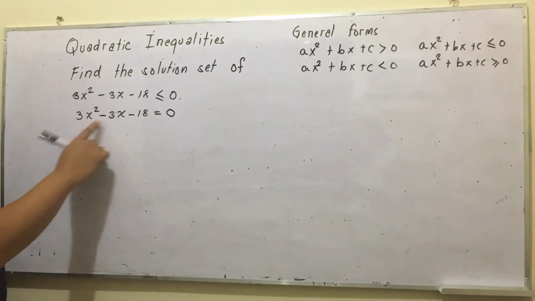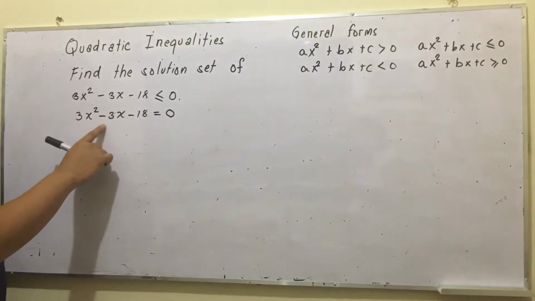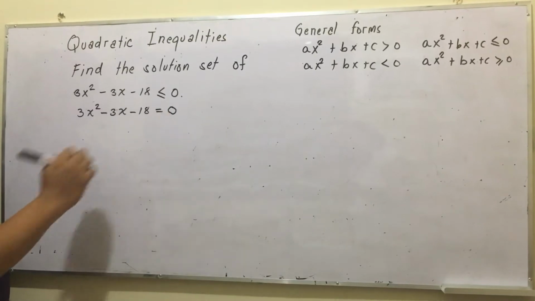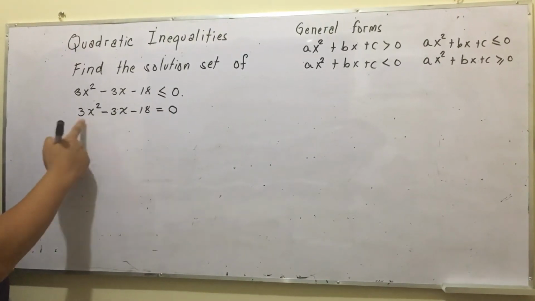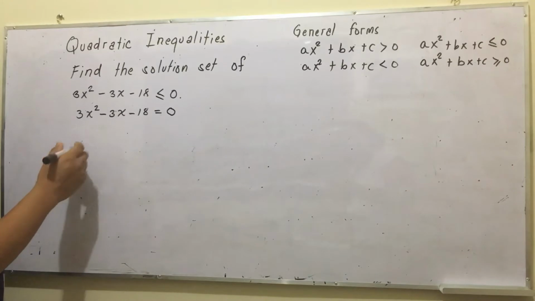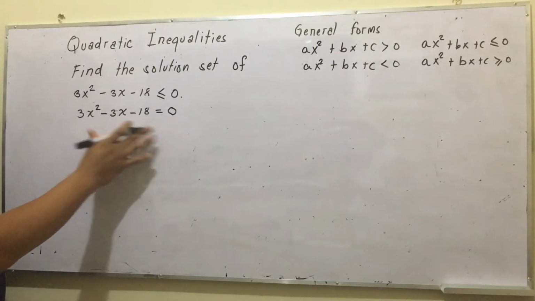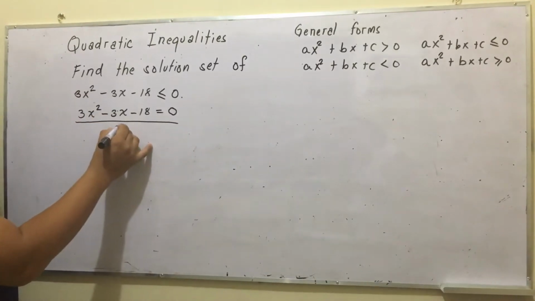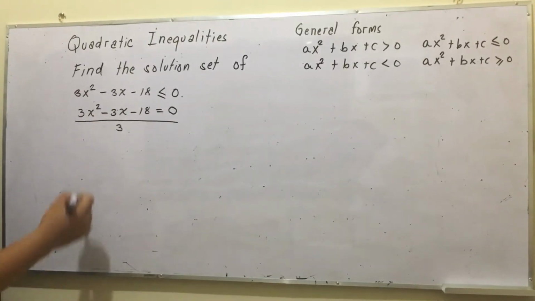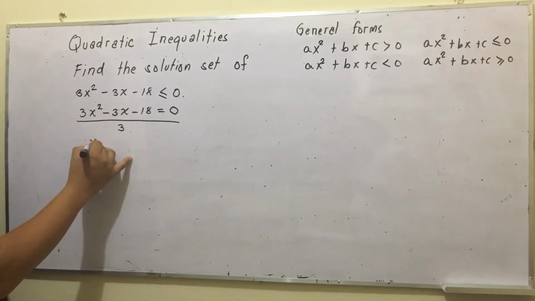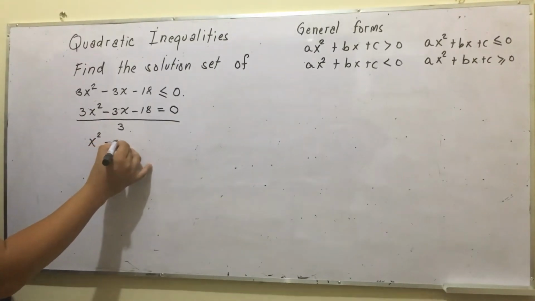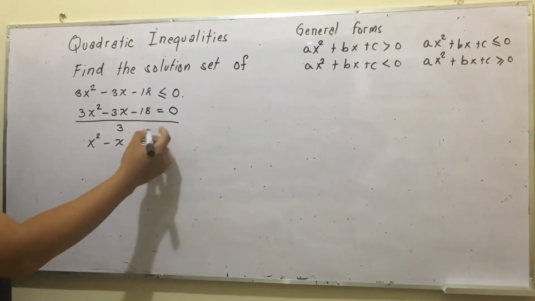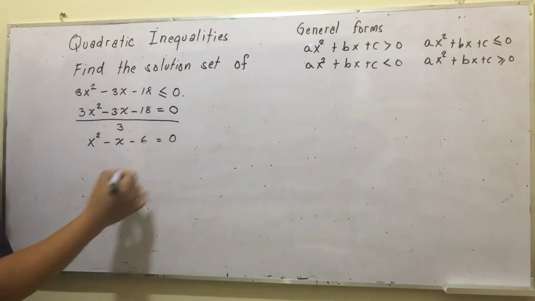Then let's factor it. Let's simplify first by dividing by their common factor, 3. You will get x squared minus x minus 6 equal to 0.